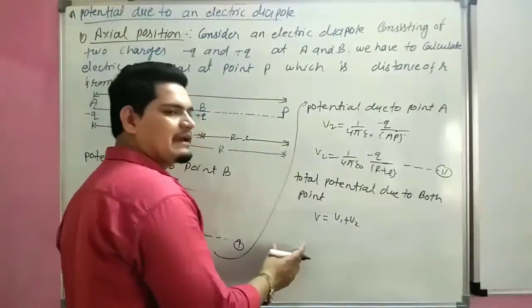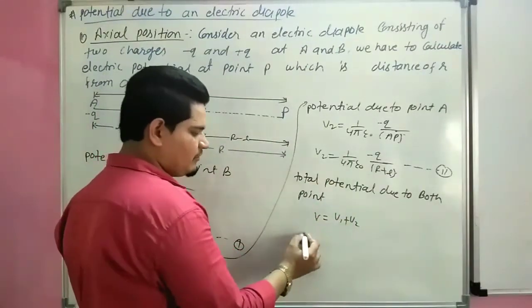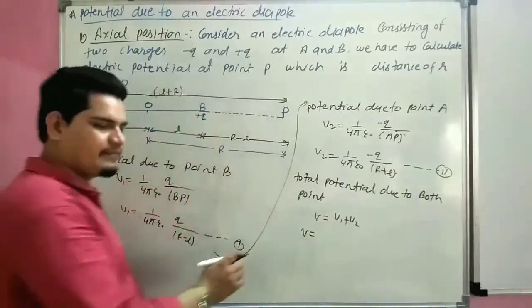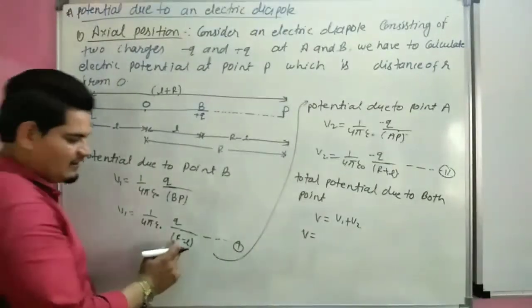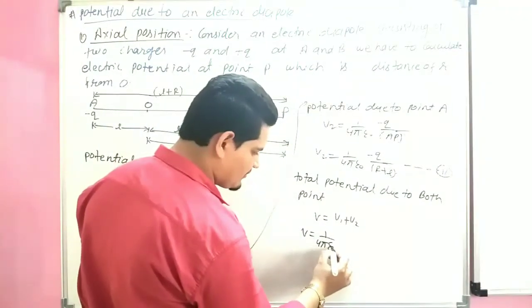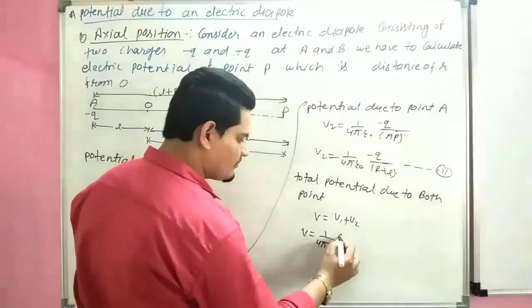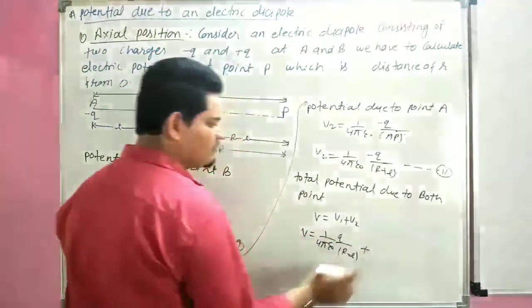We have to add both potentials V1 and V2. So V is equal to 1 upon 4 pi epsilon naught Q divided by R minus l, plus V2.